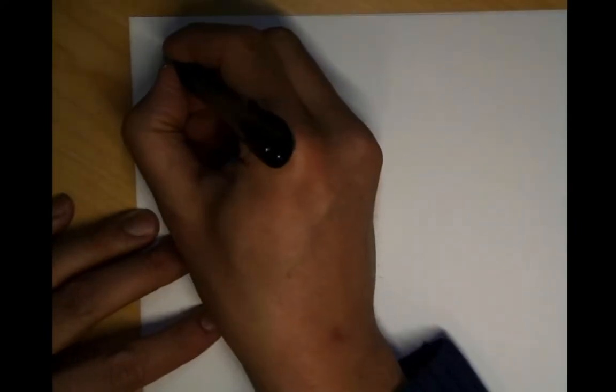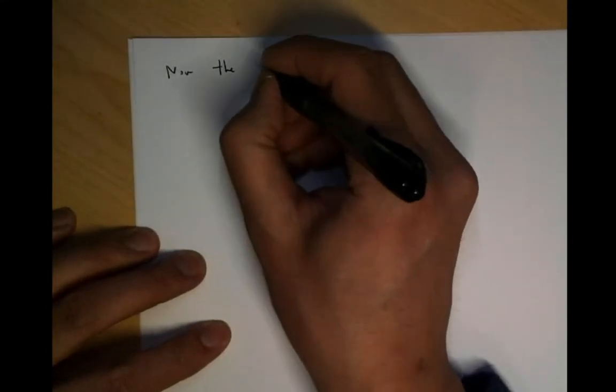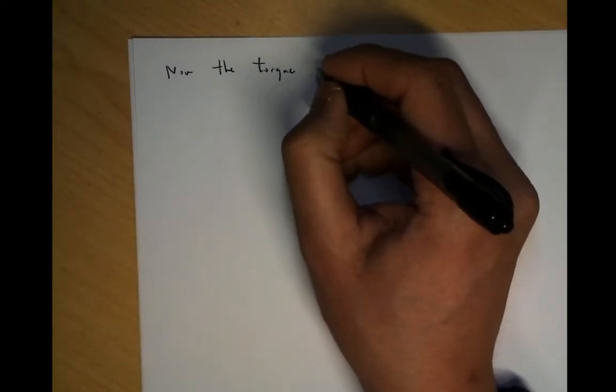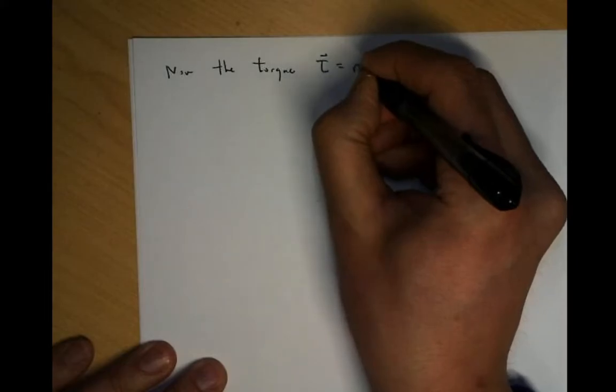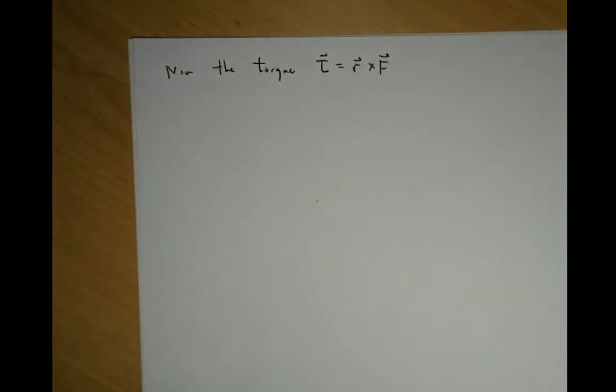Now the torque, tau is equal to R cross F, right?